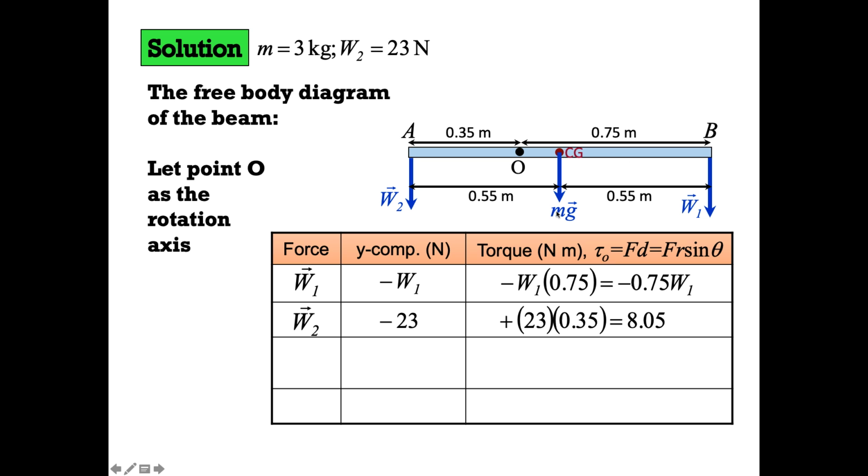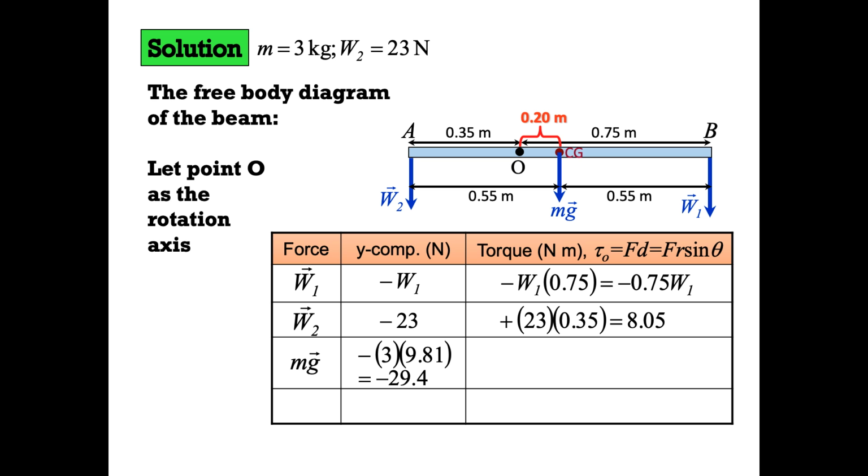Force number 3 is the weight of the beam itself, which is mg. It is still downward in direction, that's why we put negative here. The mass of the beam is 3 kilogram times gravity, and you will get negative 29.4 Newton.